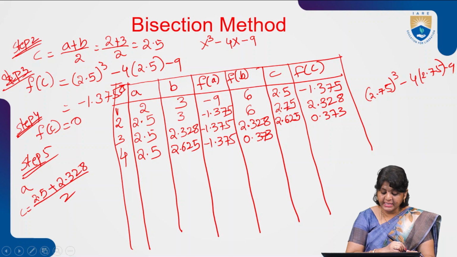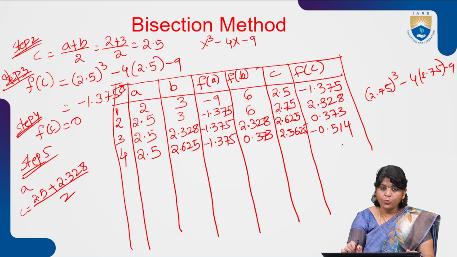Now for the fourth iteration, the C value will be 2.5625 and f of 2.5625 is minus 0.514. Now we got a negative value.